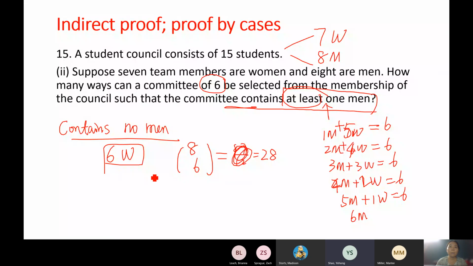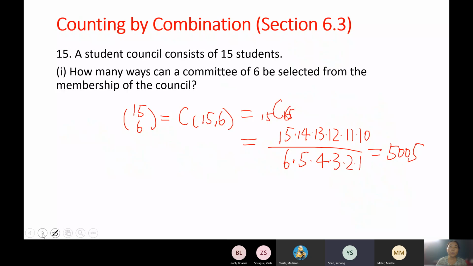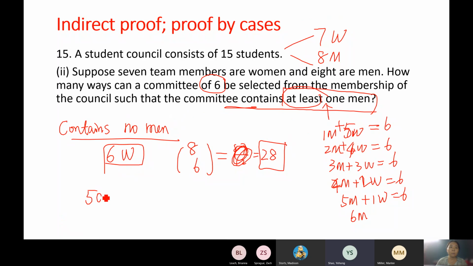And so there are 28 ways to choose 6 people without men at all. But from question 1 we just did, there are a total of 5,005 ways to choose 6 people. This 5,005 ways contains 1 man, 2 men, 3 men, 4 men, 5 men, 6 men, and no man. So if I subtract 28 from that, that gives me at least 1 man.